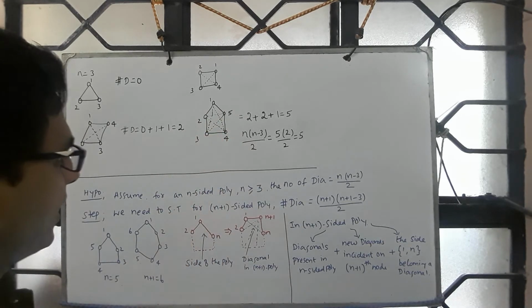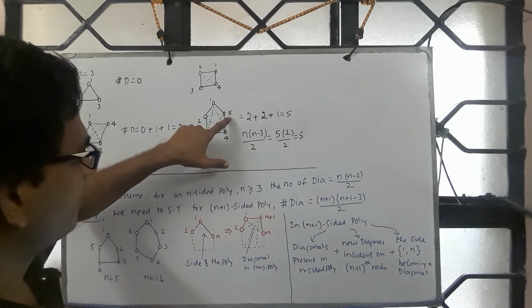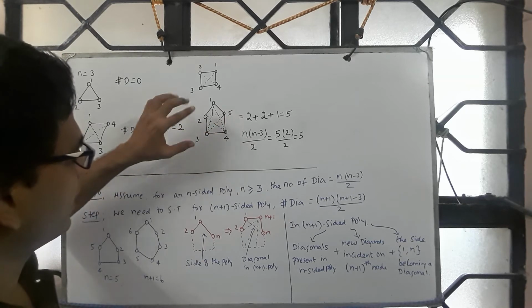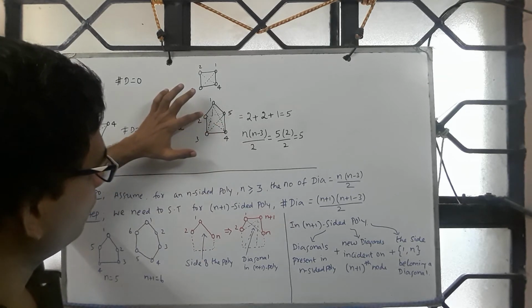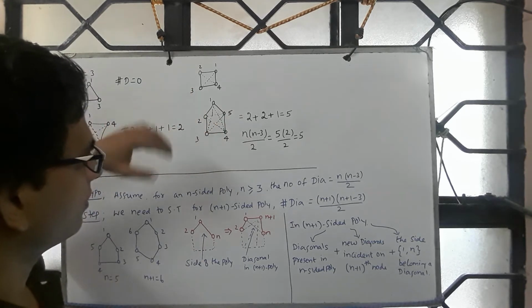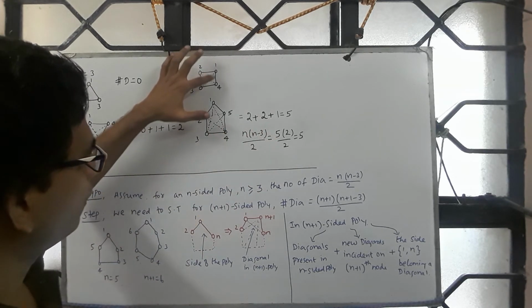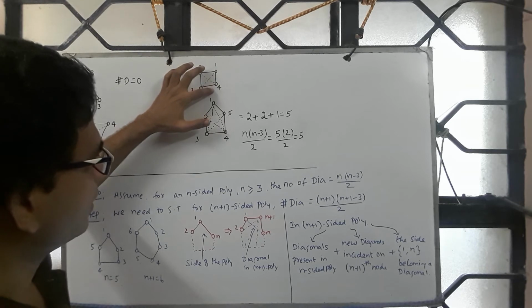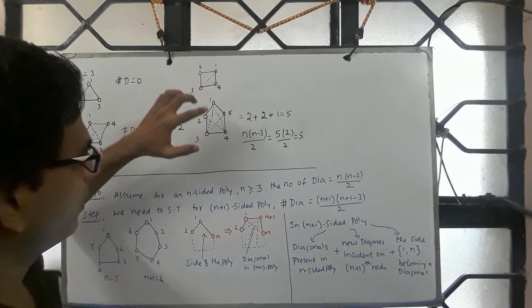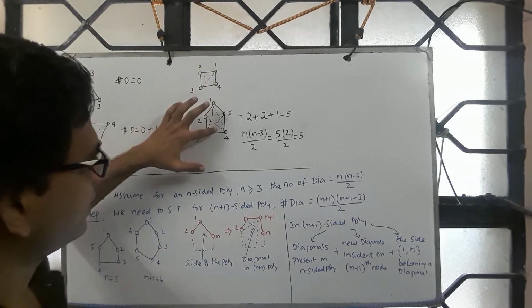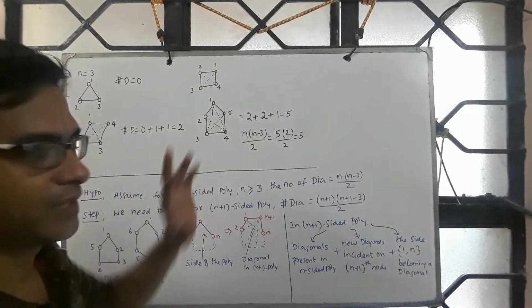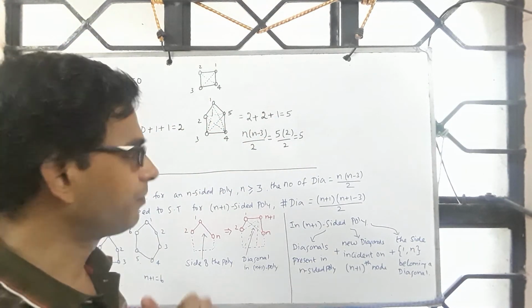In addition to that, the node 5 creates new diagonals. So it will be adjacent to 2 and 3. That is 2. Then the side 1, 4, it was a side with respect to the 4-sided polygon, but it will become a diagonal with respect to the 5-sided polygon. That contributes another 1. Okay.